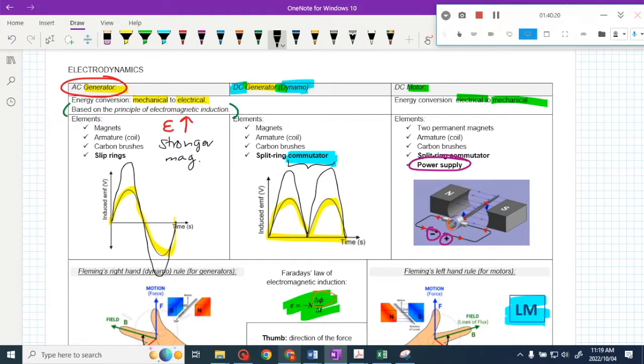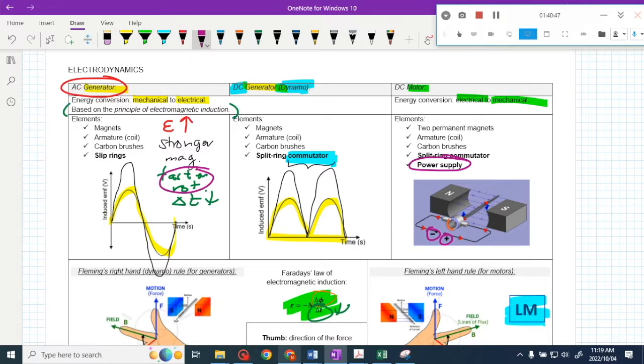The second thing we can do is turn the armature faster. So we can make those rotations happen more quickly. If it's faster rotations, we're taking the time at the bottom and decreasing it. Now the thing about changing the rotations is that it changes the frequency.